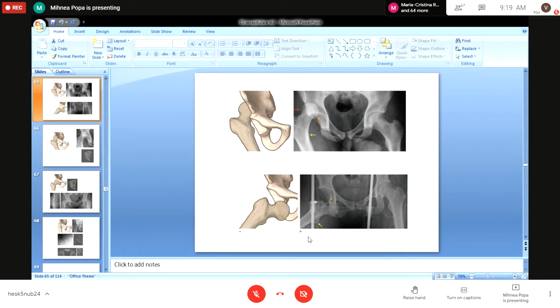After we have reduced this luxation, the patient will have to have a trans-bony traction. You learned about this in the micro course. We will do a transbony traction through the supracondylar region of the femur.